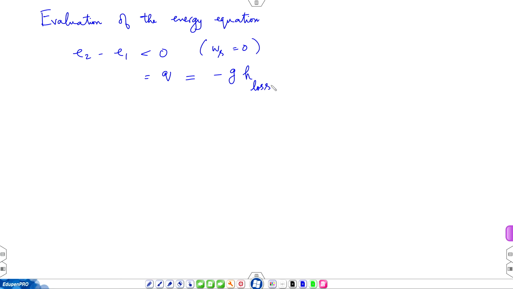Okay, what are the units of Q? That would be meter per second whole square, right? It is like u square over 2. So, it is expressed as minus, because Q is less than 0, g times H, which will give you the correct units. So, H is then said to be the head loss. This H has units of meters.